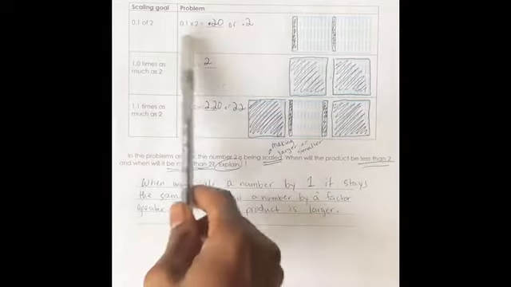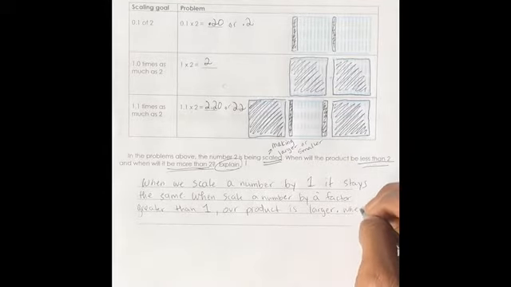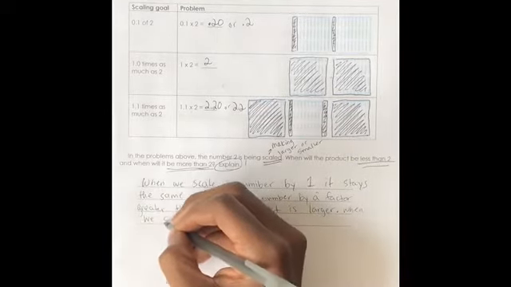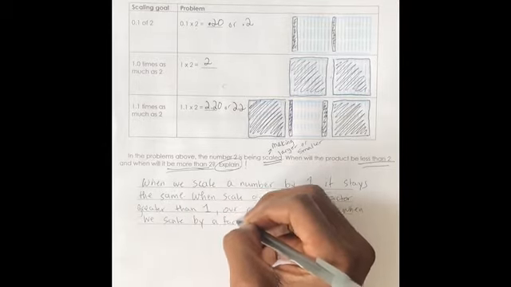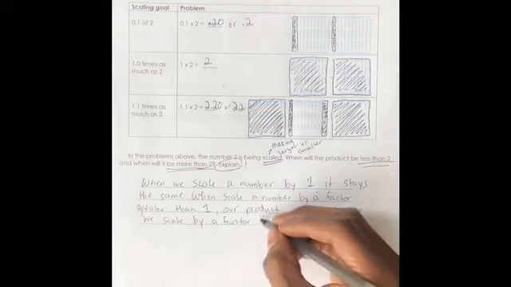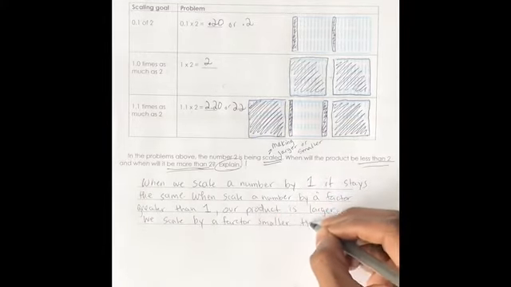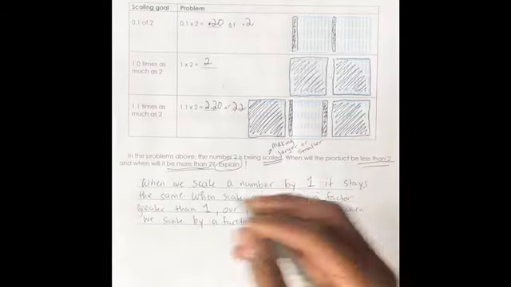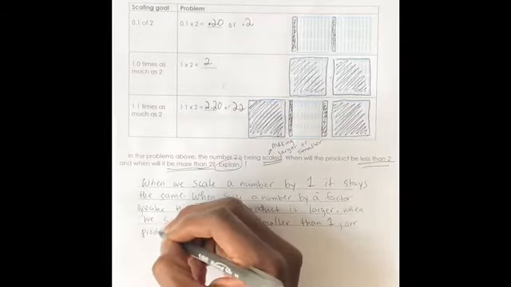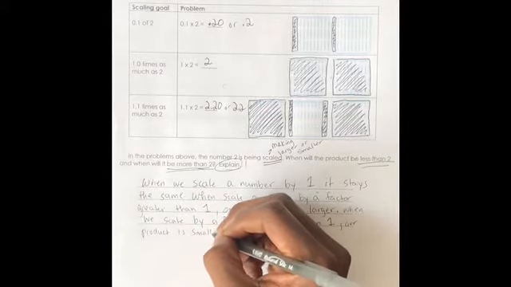And then finally, our pattern from the first problem, when we scale by a factor smaller than 1, our product is smaller.